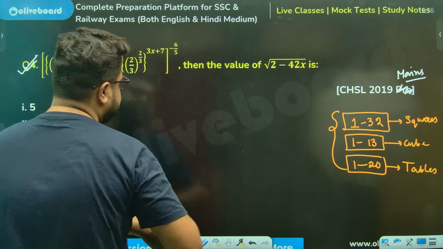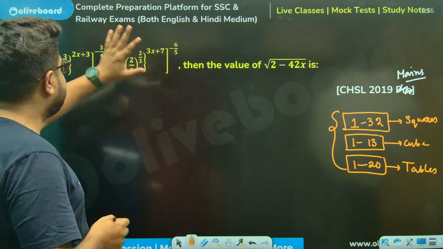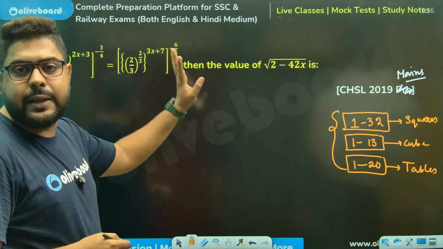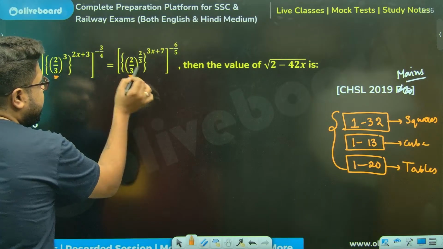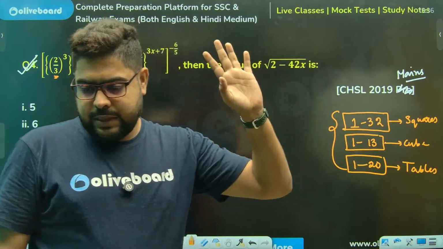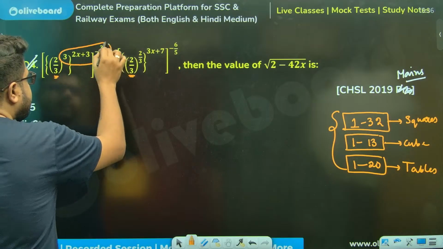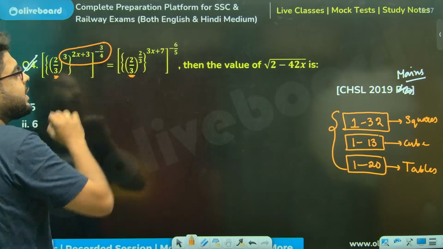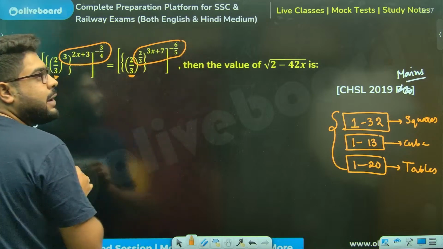Sir, first things first, understand one simple thing over here. This question looks big only. Sir, what will happen? Because the base is the same here and that is not equal to plus or minus 1 or 0, what we'll do, sir, is this is the multiplication. Every power will get multiplied.